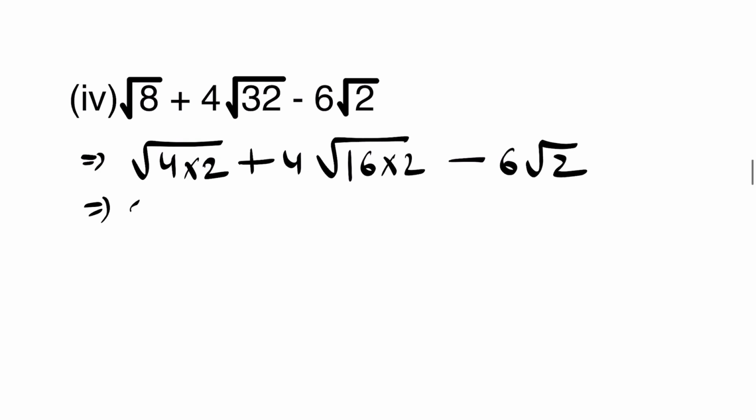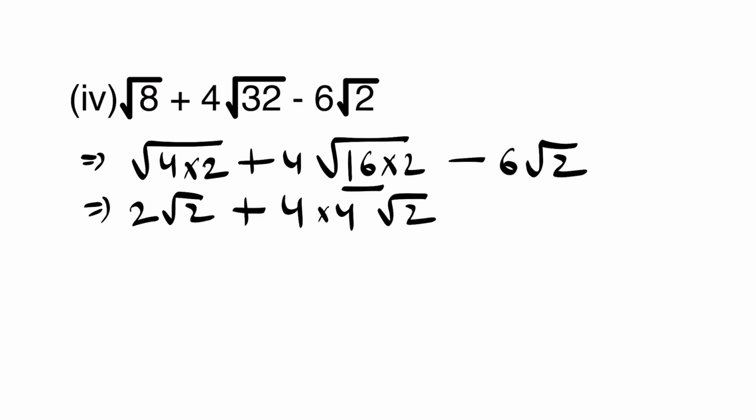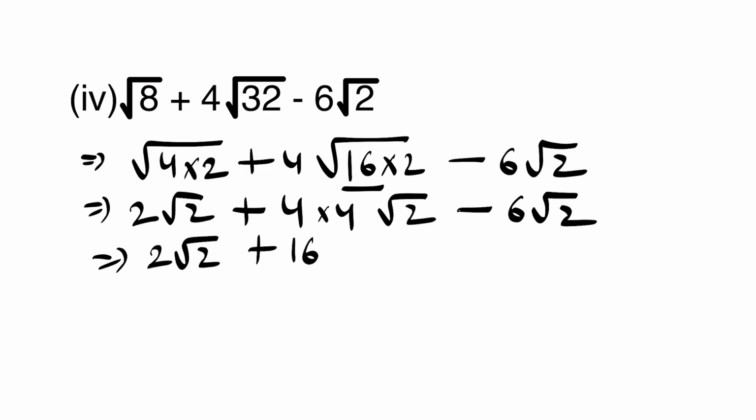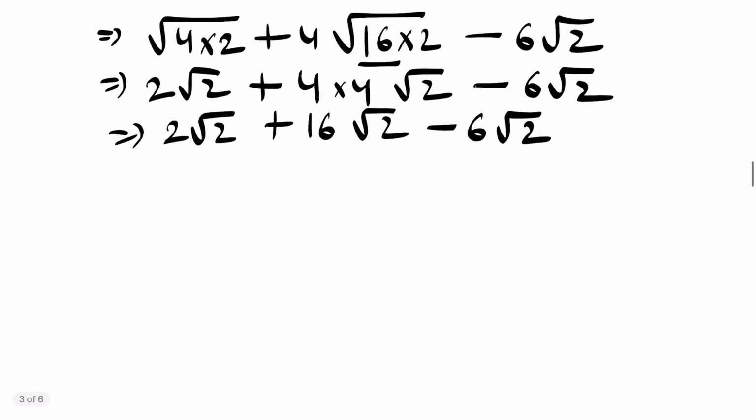So this will become 2 root 2 plus 4, this is the square of 4, so 4 into 4 root 2, plus 6 root 2. Now this is 2 root 2 plus 4 times 4, that is 16 root 2, minus 6 root 2.